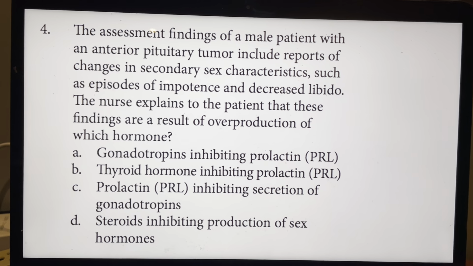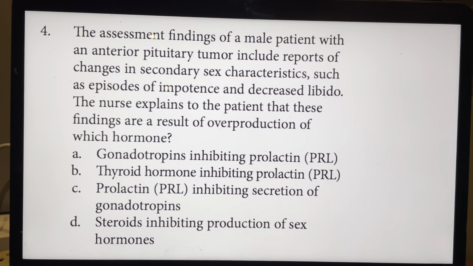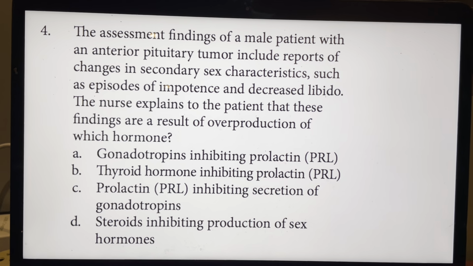Here we go. The assessment finding of a male patient with an anterior pituitary tumor includes reports of changes in his secondary sex characteristics, such as episodes of impotence and decreased libido. The nurse explains to the patient that these findings are a result of overproduction of which hormone?